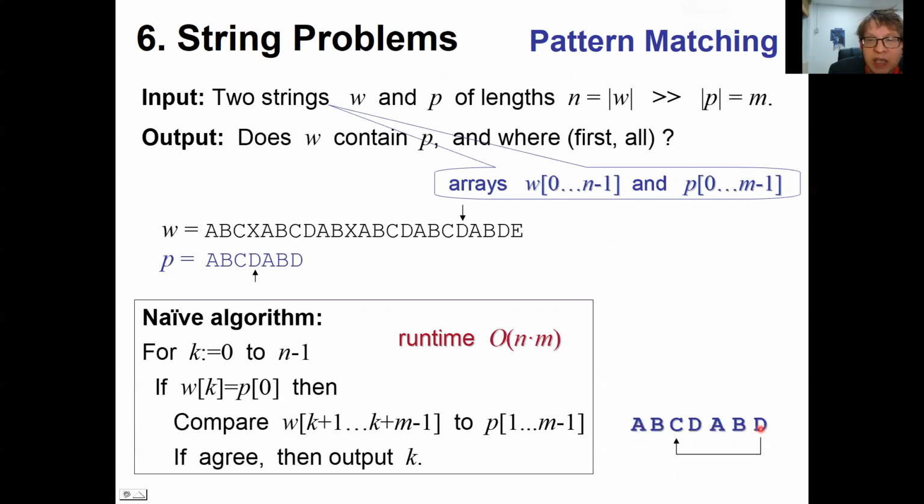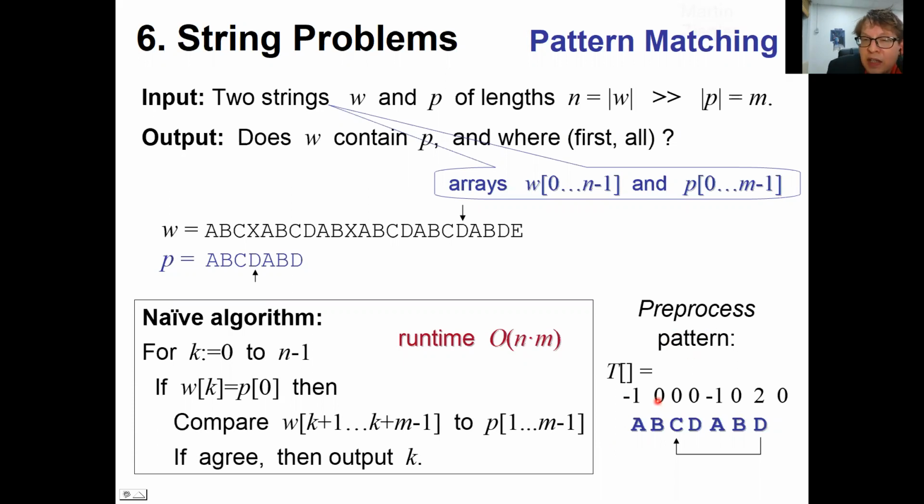We shouldn't decrease the pointer by 6 in the search string, but only decrease the pointer by 2 in order to start again at this position, because then we already know that this also occurs here in the pattern, okay? So the idea of Knuth-Morris-Pratt is to pre-process the pattern and create such a data structure. And this data structure is what I'm going to explain now.